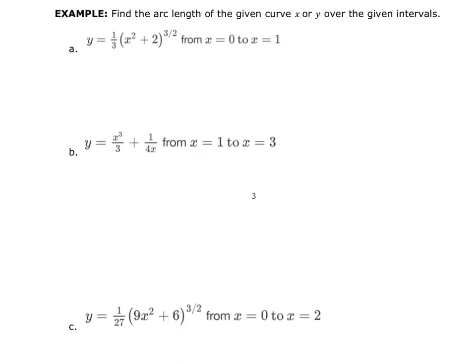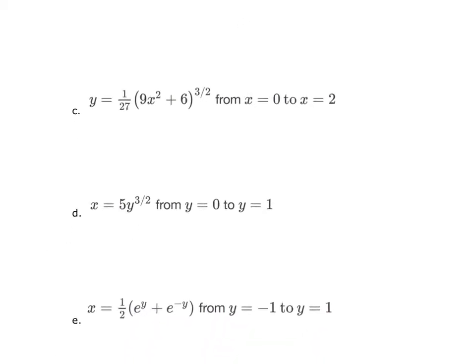Now, if I take a look at this one down here, they're giving me y equals 0 to y equals 1. So in this case, I know I'm going to do it with respect to y. This one I'm going to do with respect to x. So either with respect to x or with respect to y.